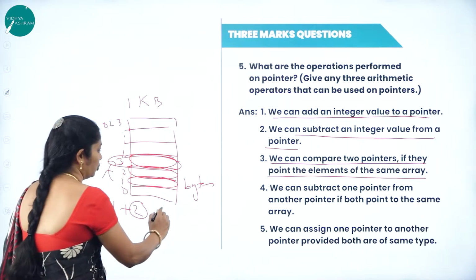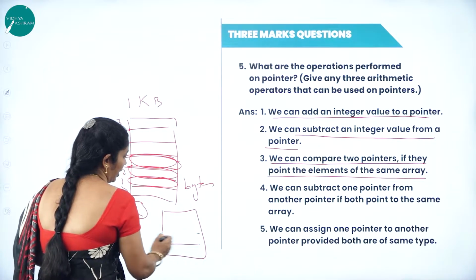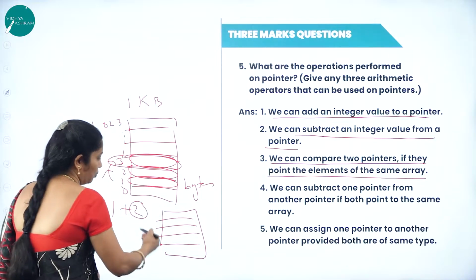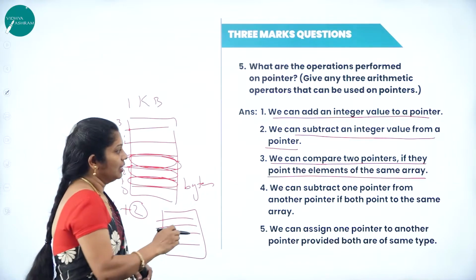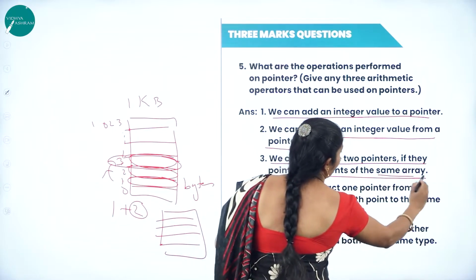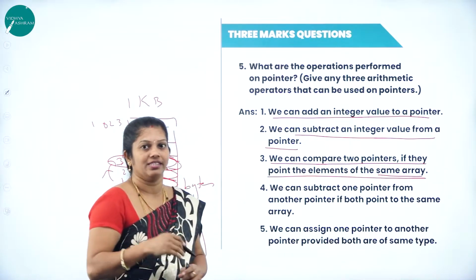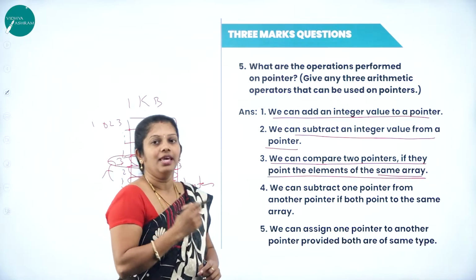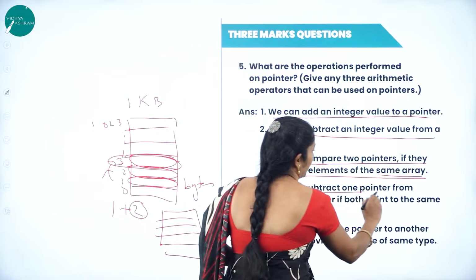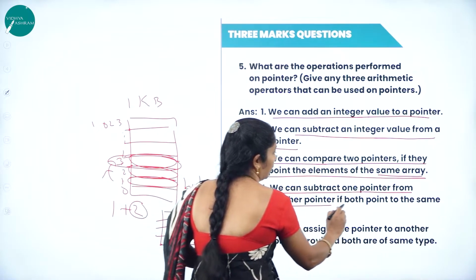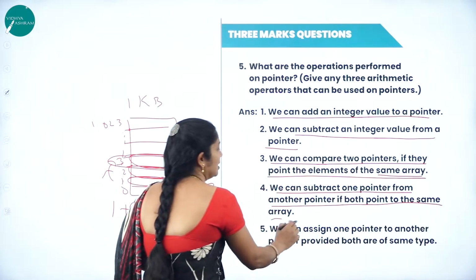Consider here we have one more pointer and one more array. When both have the same data type, then we can compare. If they have the same array, same format, same data type, then we can compare. Then we can subtract one pointer from another pointer if both point to the same array.